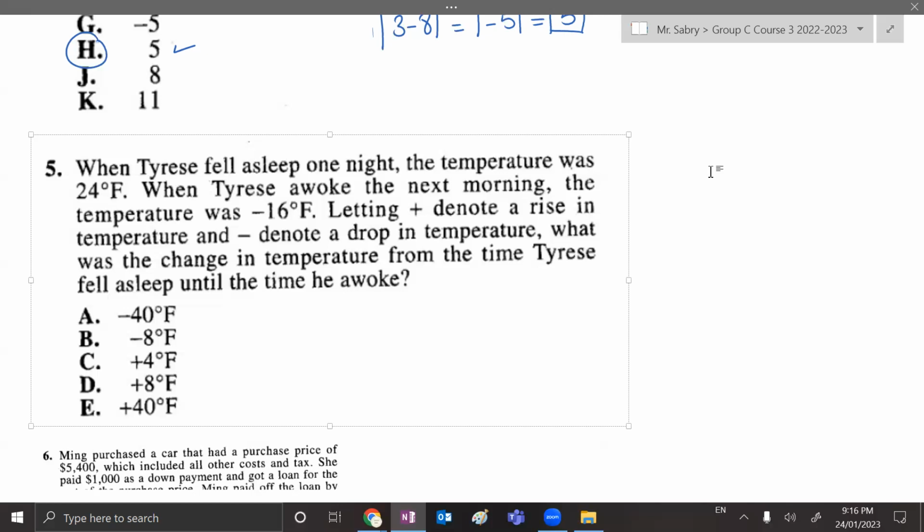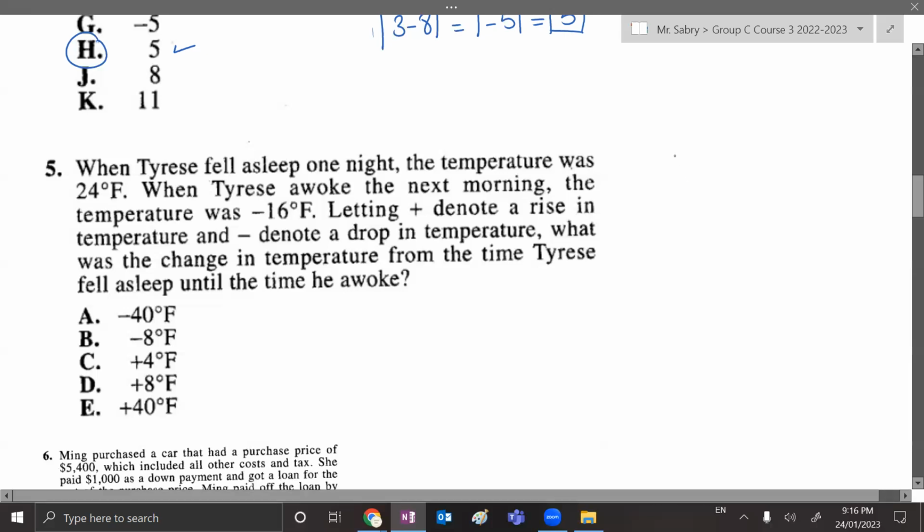So when you look at the temperature, you started at 24 and then it ended up to become negative 16. This means it dropped. So this means that the answer must be negative. It can't be C, it can't be D, it can't be E. So it's either A or B. Now think about it. How many degrees did it fall from 24 to negative 16?